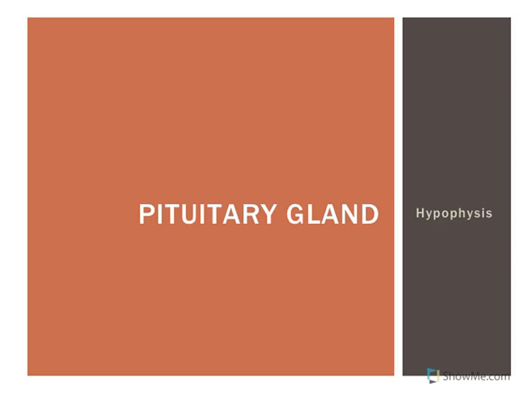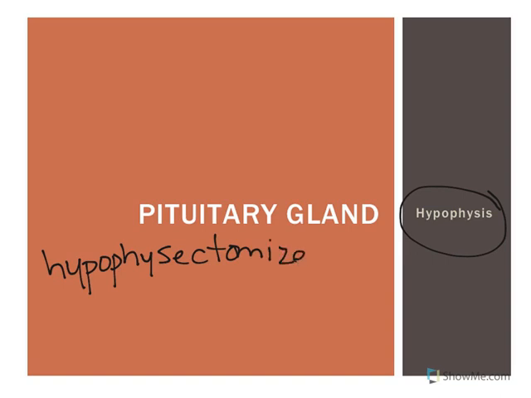Because you see there's that link between the hypothalamus and the pituitary gland. Well, the proper term for the pituitary gland is the hypophysis. So if I say an animal or a person has been hypophysectomized, that's a term that means the pituitary gland has been removed from them.